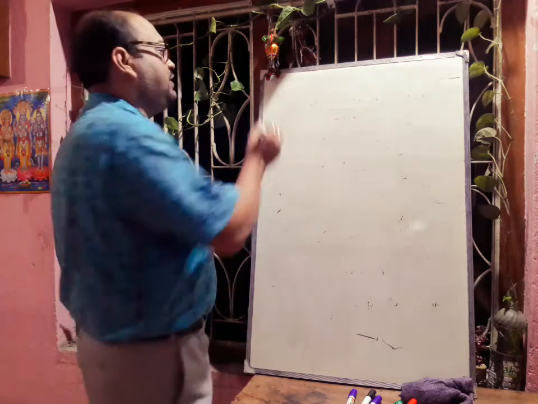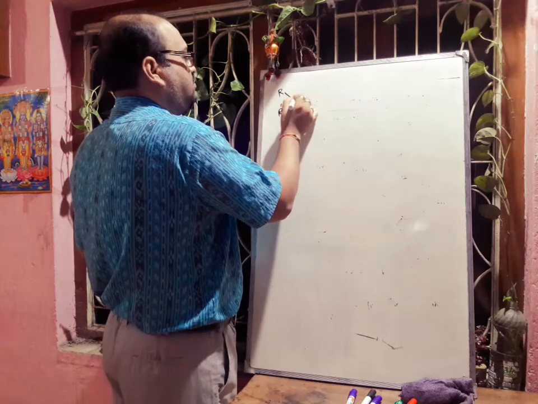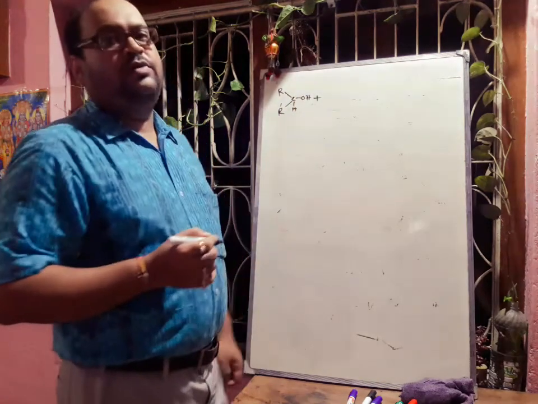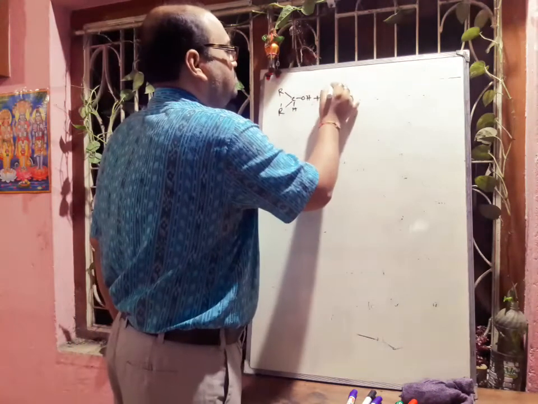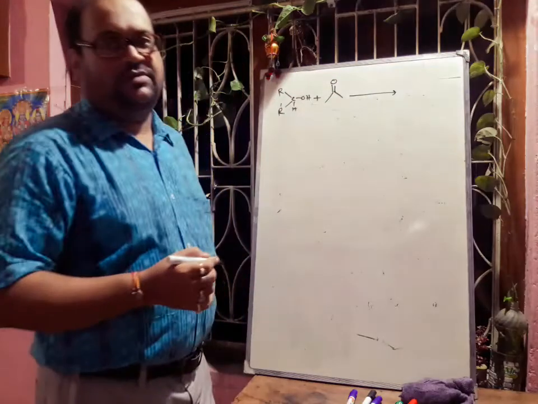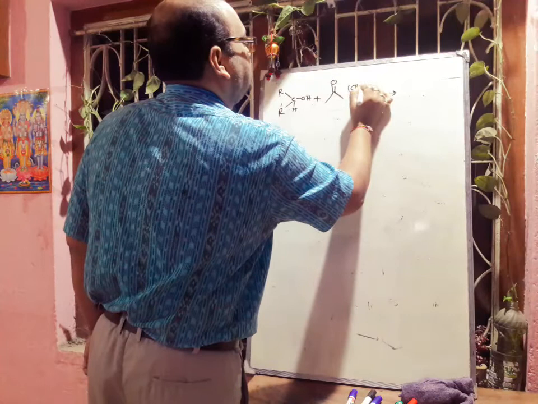So here we have to take one secondary alcohol, then we take acetone, and this reaction is called Oppenauer oxidation. Then we will take the aluminium isopropoxide.